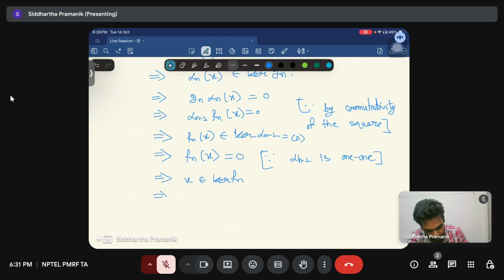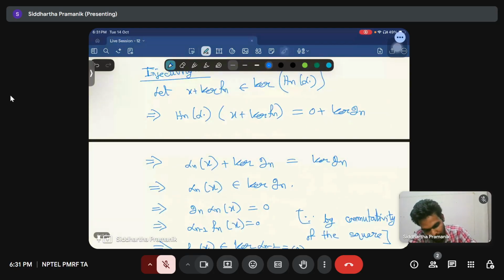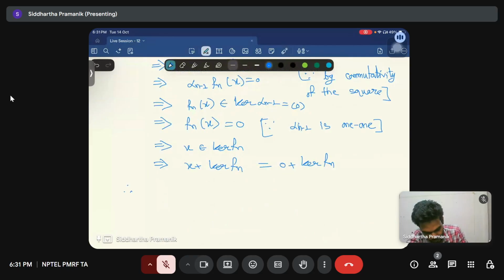This will imply x plus kernel of fn is 0 plus kernel of fn. So this element is 0. So this means the kernel of hn of alpha dot is basically 0. So this will imply hn alpha dot is one-one.